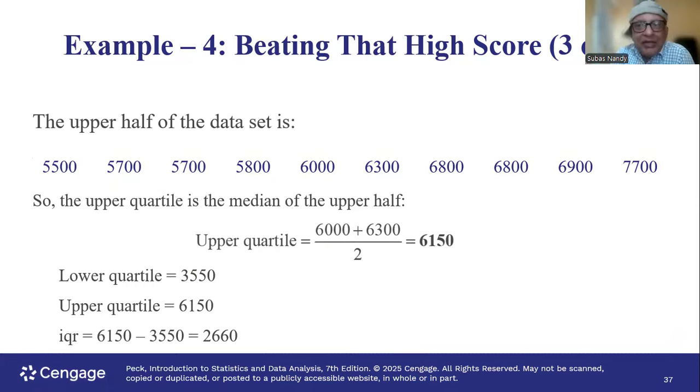Median is the 50th percentile, 50% below it, 50% above it. For the 75th percentile, 75% below it, so the remaining 25% is on top of it. And for the first quartile, 25% below it, 75% above it.